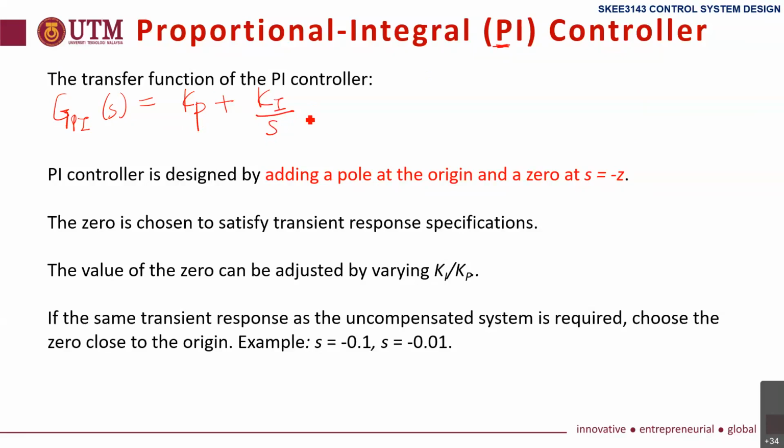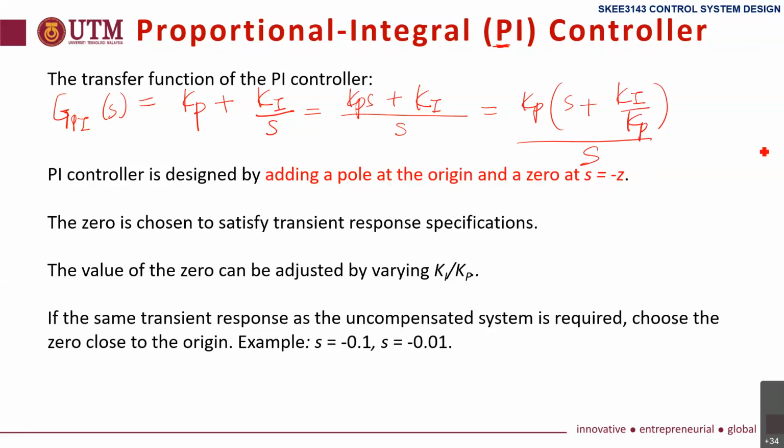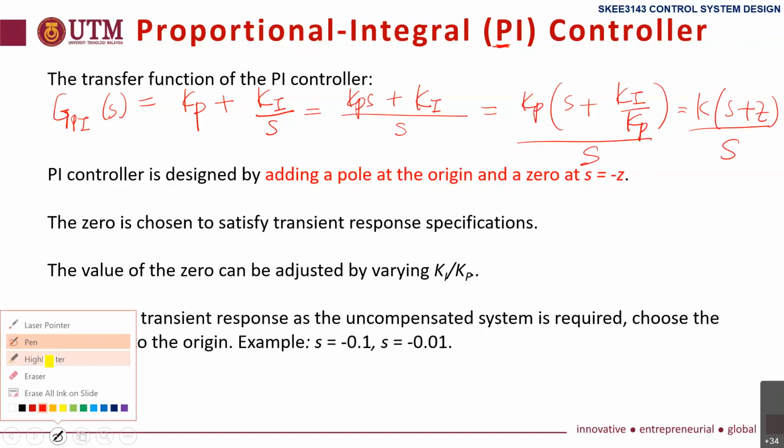It can also be written with S at the bottom: KP S plus KI over S. And also I can take out KP here: KP times S plus KI over KP, over S. This is similar to the one that we just wrote, K times S plus Z over S, or S plus A over S. I use A better.